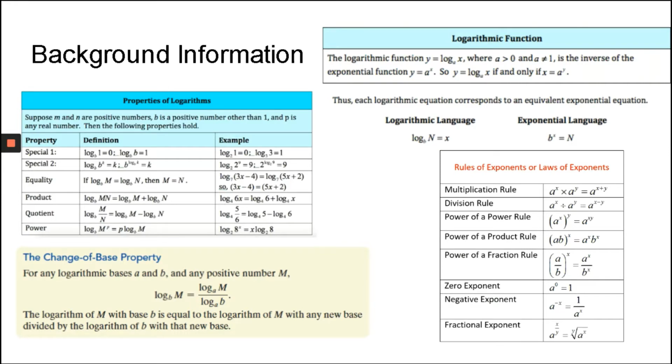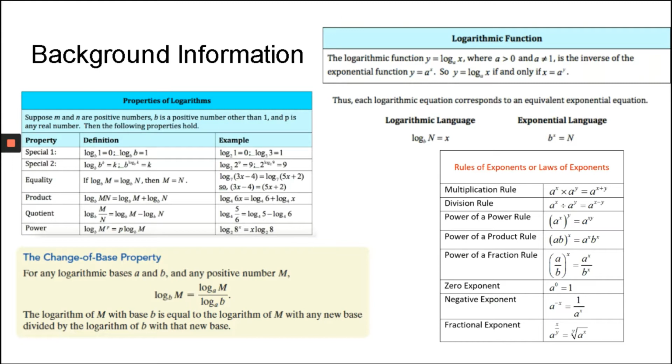This is important because it states that if you have a 1 after the base, it will always equal 0. So let's say you have log base 300 of 1, it will still equal 0.